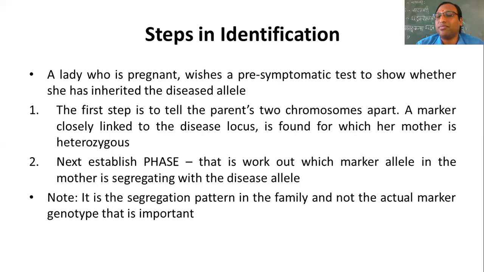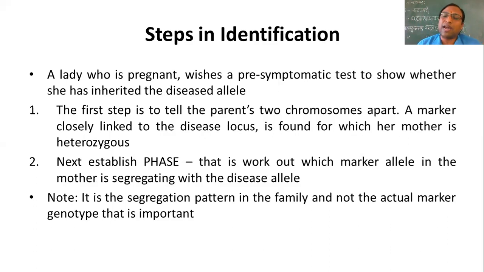We have to identify in which chromosome the disease is, whether it is in the mother's or the father's chromosome. A marker closely linked to the disease locus is found for which her mother is heterozygous. Usually the scenario is that it travels from mother to child. In maximum cases the mother is a carrier and gives it back to the offspring.